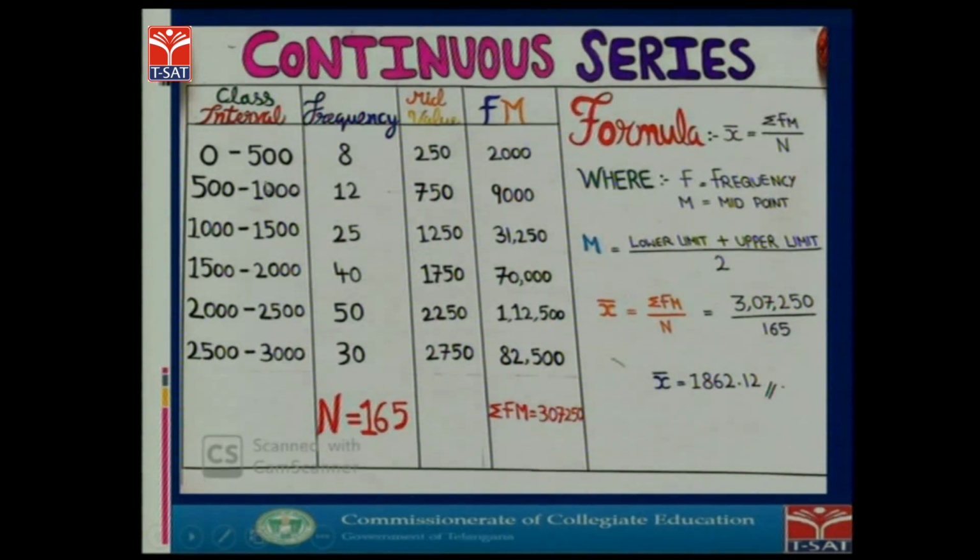Mid value is lower limit plus upper limit divided by 2, that is 0 plus 500 by 2, that will give us 250.